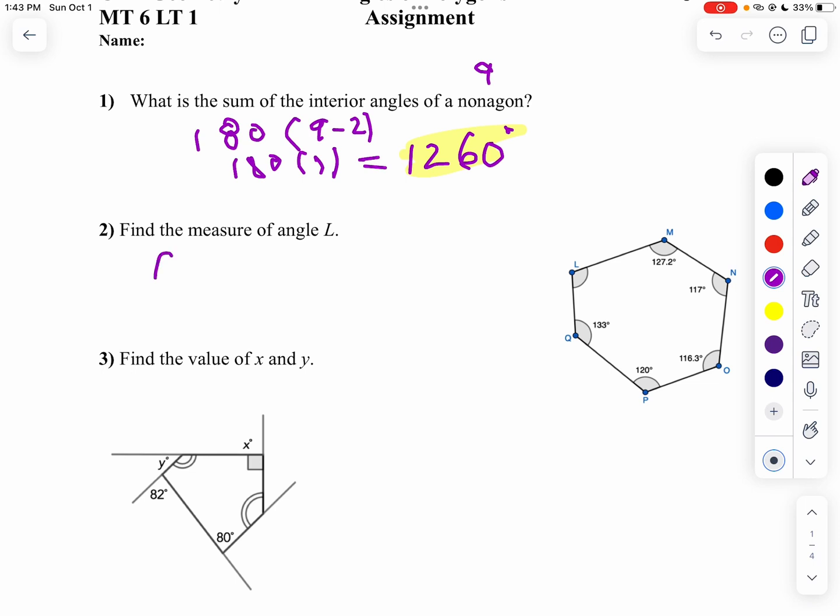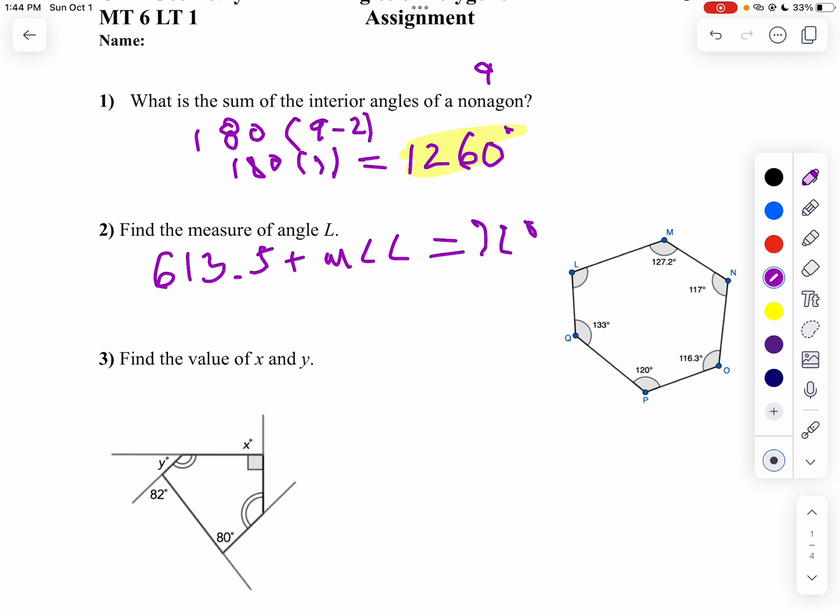So we're going with 613.5 plus the measure of angle L. And then if we count the number of angles in this shape, notice we get 1, 2, 3, 4, 5, 6. It's a hexagon. So we know from our seminar for a hexagon, I do believe that would be 720.